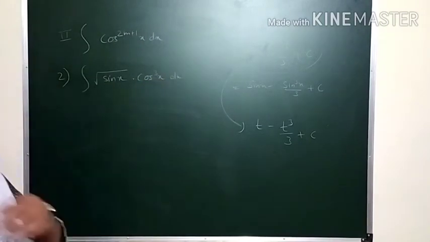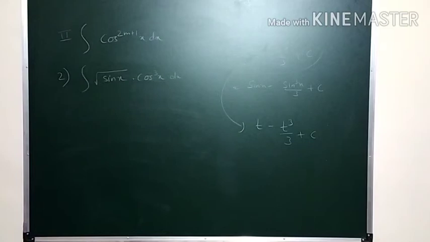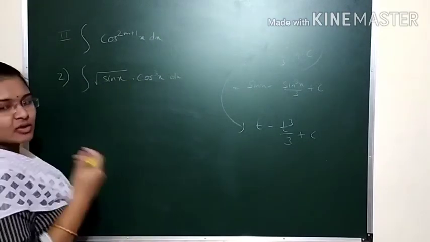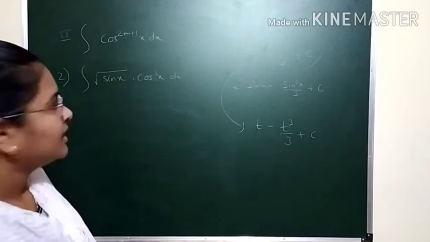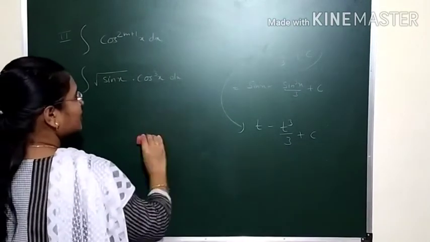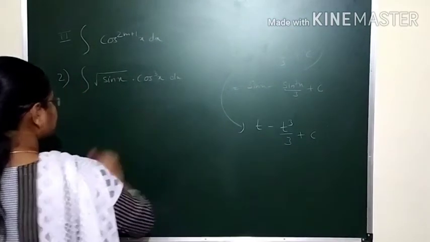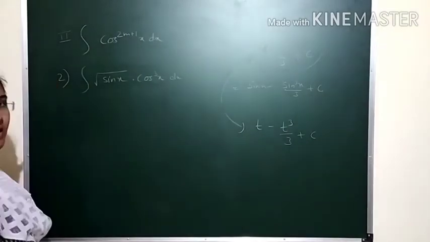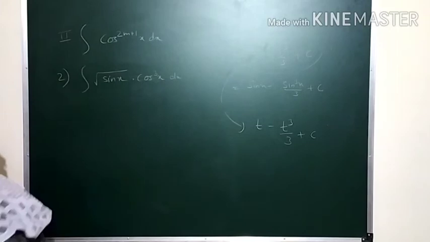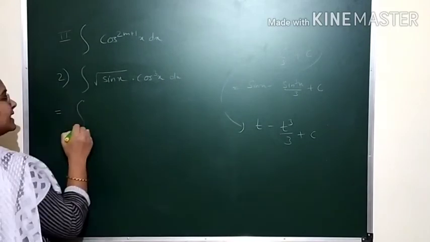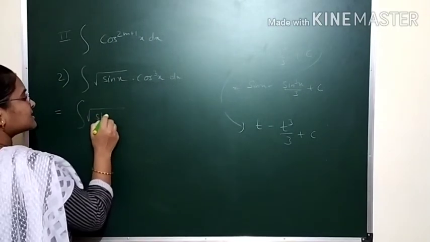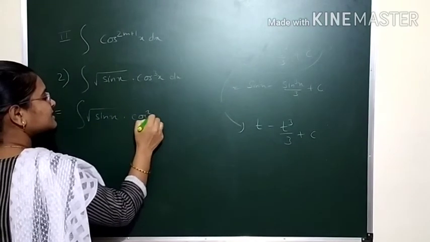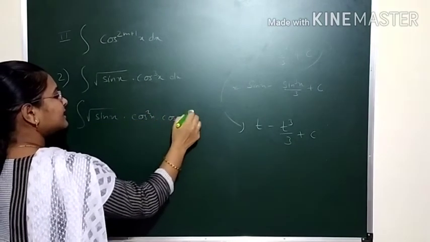Students, here also we split this cos cube x as cos square x into cos x, so that we can substitute 1 minus sin square x for cos square x. So it will be the integration of root sin x into cos square x into cos x dx.